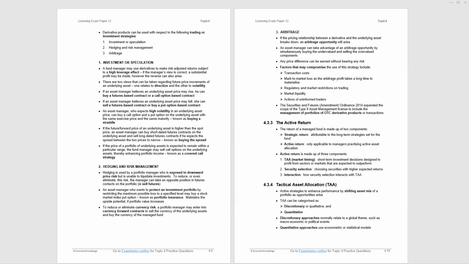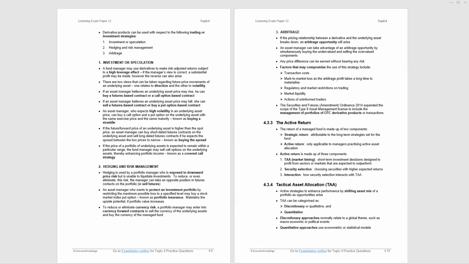Now, please be aware, the active return is made up of three components, and this is sometimes a little bit confusing because people believe this is tactical asset allocation. Well, tactical asset allocation is part of the active return. Also incorporated in the active return are security selection and the interaction between security selection and tactical asset allocation.